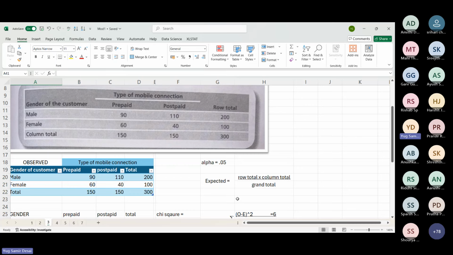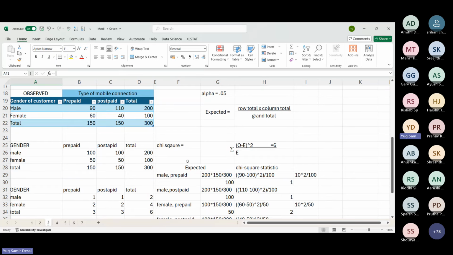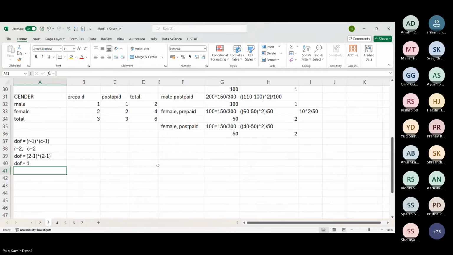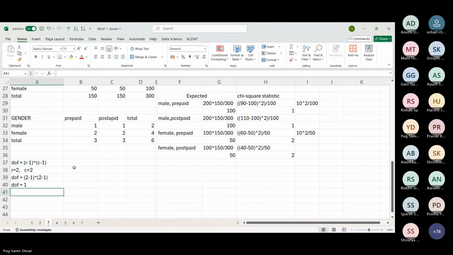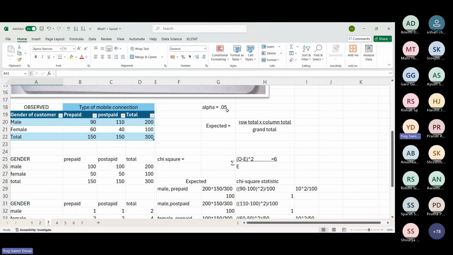Now, let's not forget we had a chi-square test statistic as 6, our degrees of freedom as 1, and our alpha value as 0.05. How do we compare and how do we get to know? Yeah. Can you explain the degrees of freedom again?